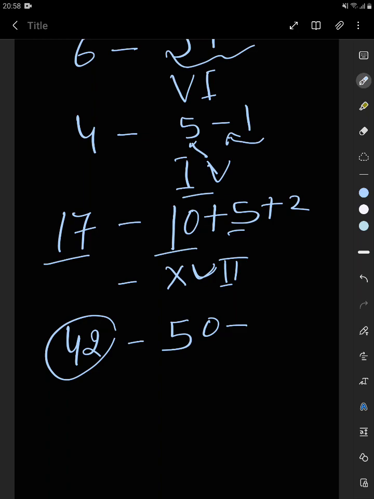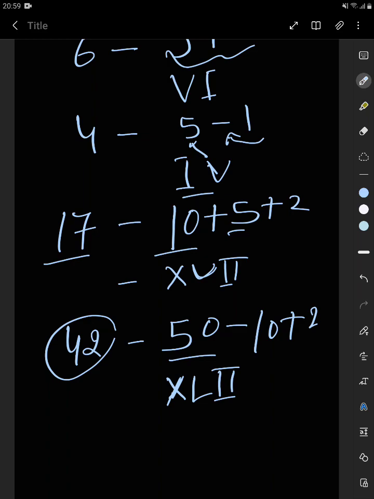So we'll write minus 10 and plus 2. 50 we write as L, but it is minus 10, so we'll write X before it, and plus 2, so we'll write II after, like this. I hope you got exactly what I am trying to tell you.